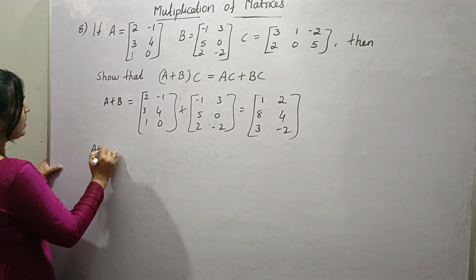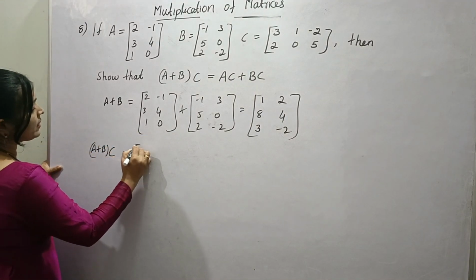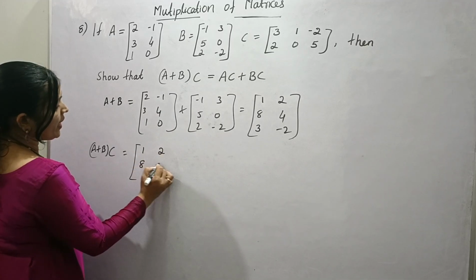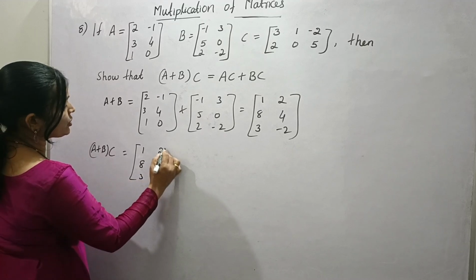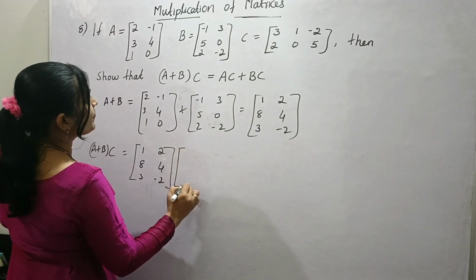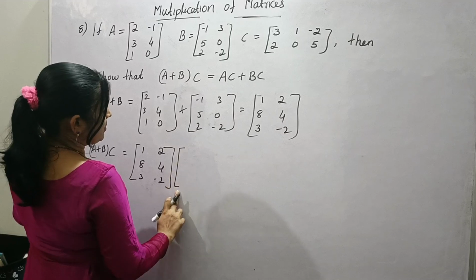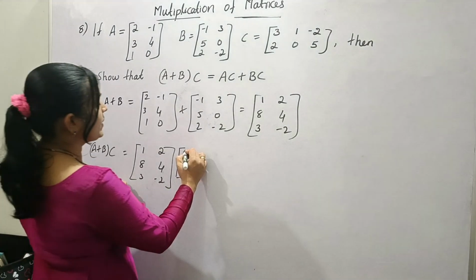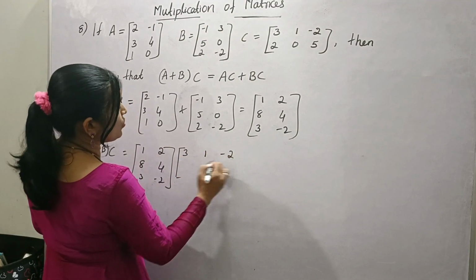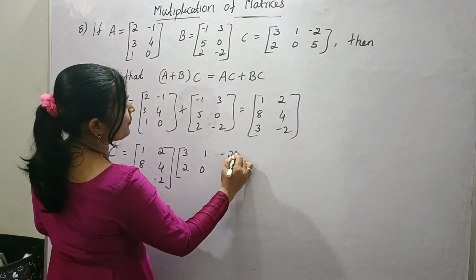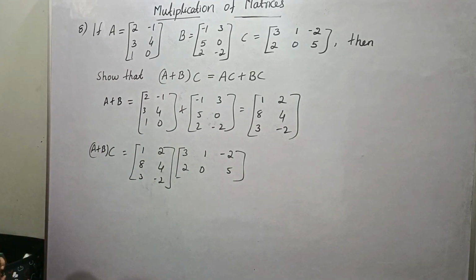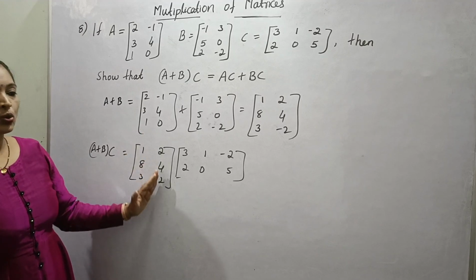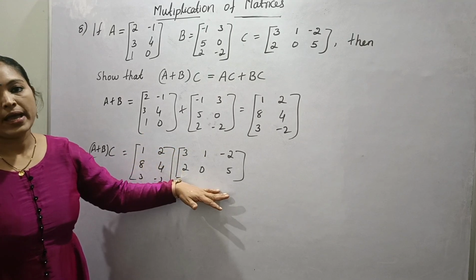(A plus B) into C, that is, A plus B is matrix 1 2 8 4 3 minus 2 into C. C is a 2 by 3 matrix, 3 1 minus 2 2 0 5. Here two matrices can be multiplied, because the number of columns is 2 and the number of rows is 2.